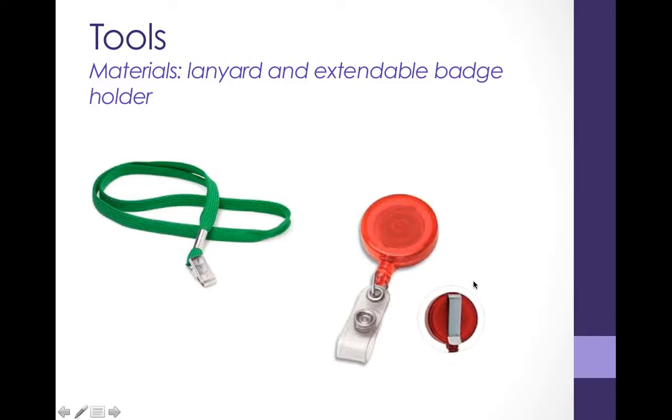I also like the extendable badge holders, because these can actually clip to your belt or to another part of you, and then you can clip your communication support on the end here, and I'll tell you it can't be very heavy, or it will pull the extension out with just having the support on it.